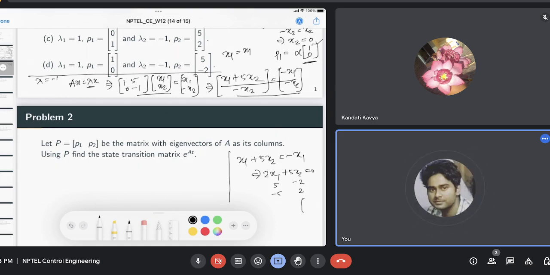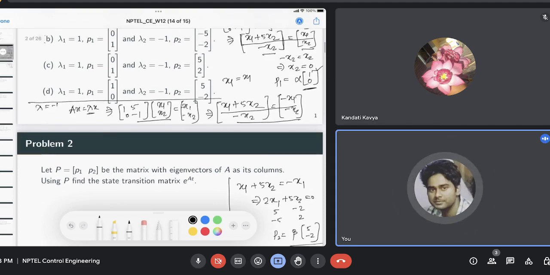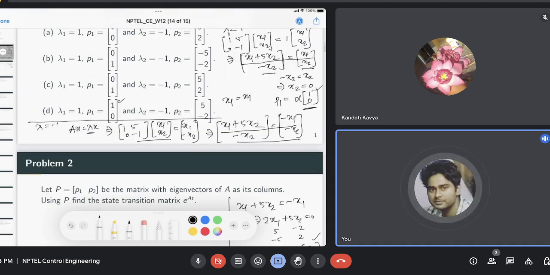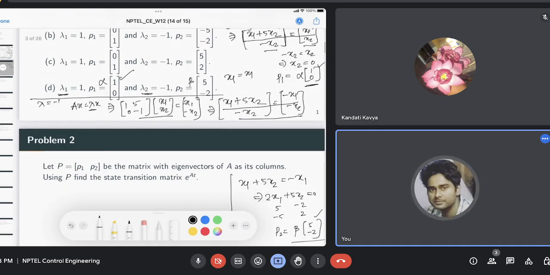So 5, minus 2, and any scalar multiple of that will be the eigenvector for the eigenvalue minus 1. And here, 1, 0, or any scalar multiple of this p2 vector, will be the corresponding eigenvector for this eigenvalue.